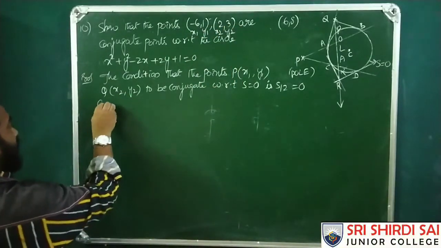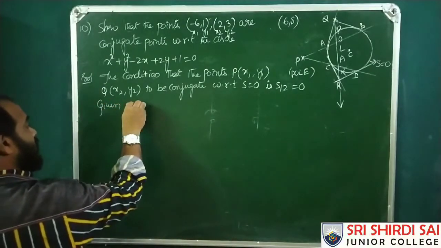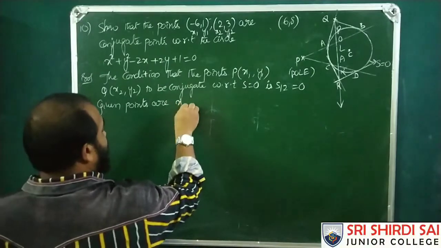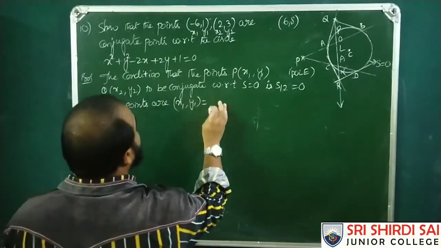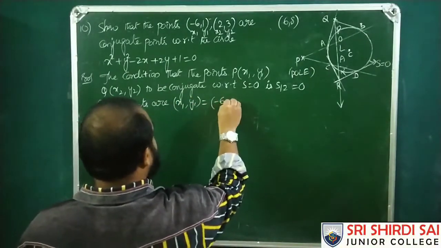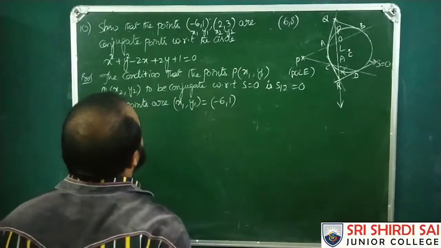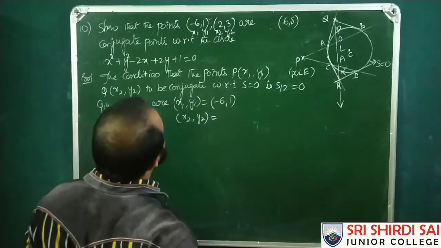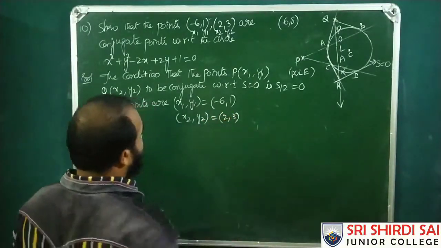Given points are x1 y1 is equal to minus 6 comma 1 and x2 y2 is equal to 2 comma 3.